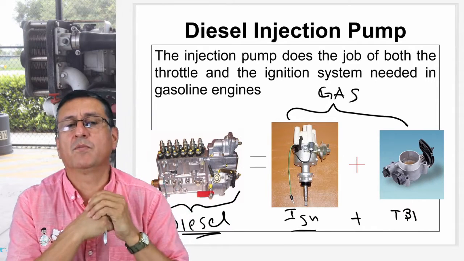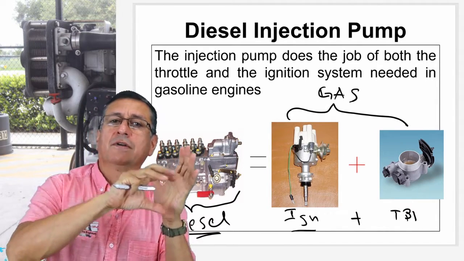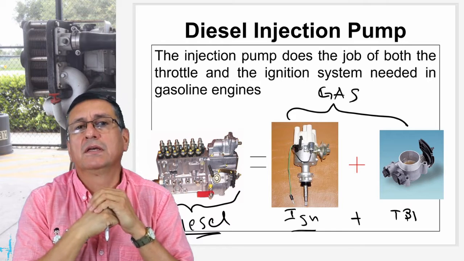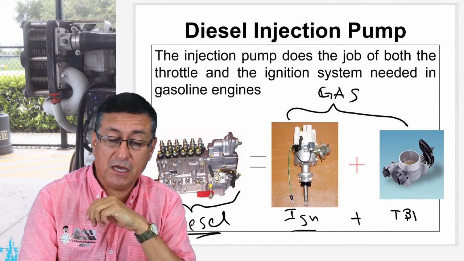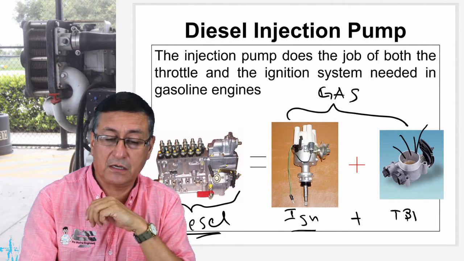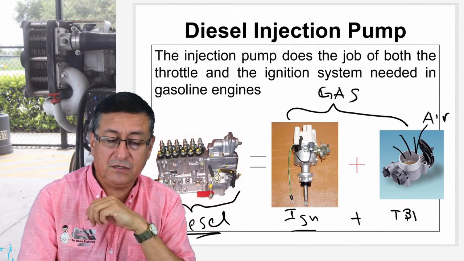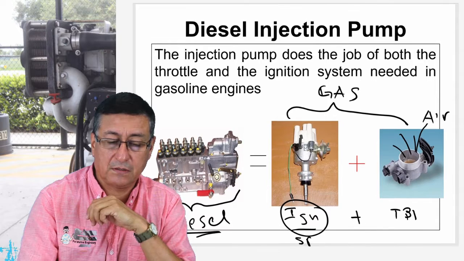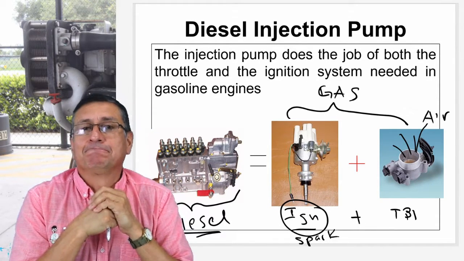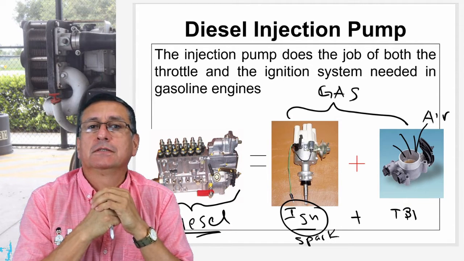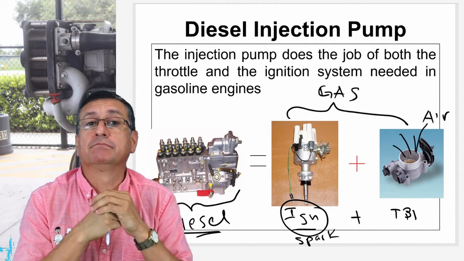Yes, the fuel injection pump has the same function as both of them, the ignition system and the throttle body. This is the air. And this is the spark. It's the brain of the system.